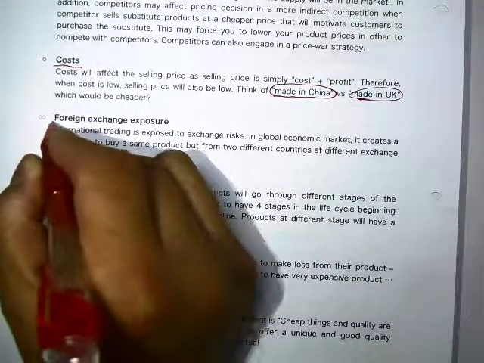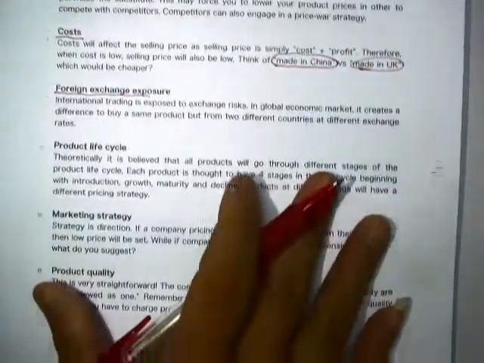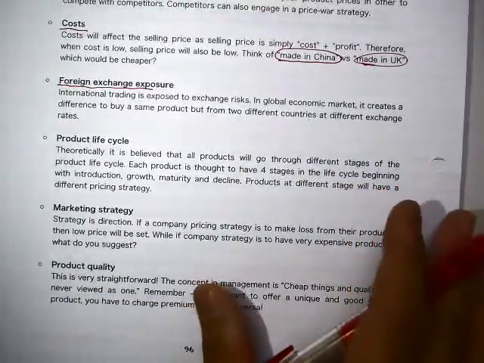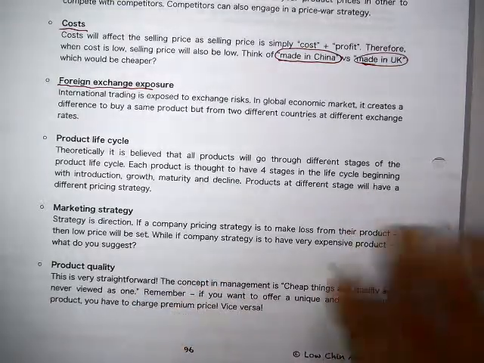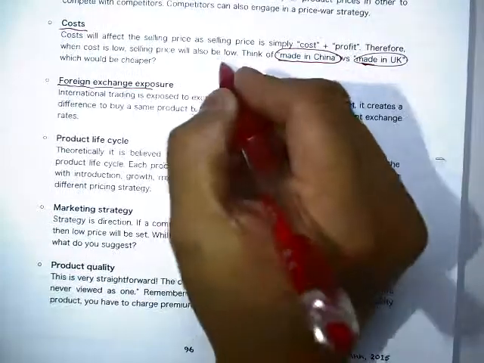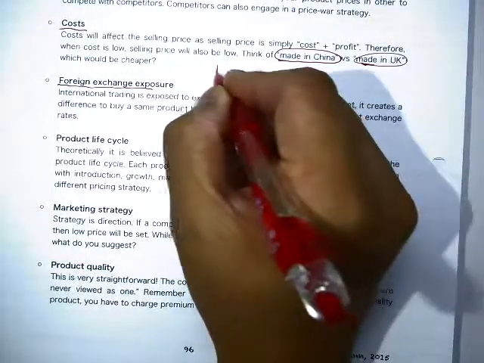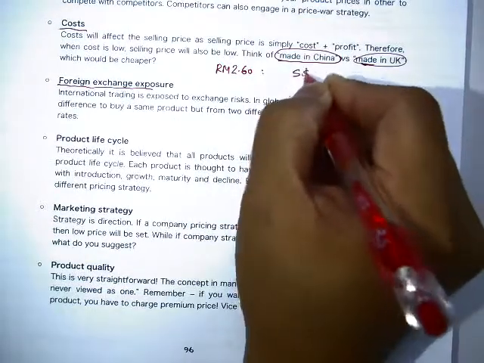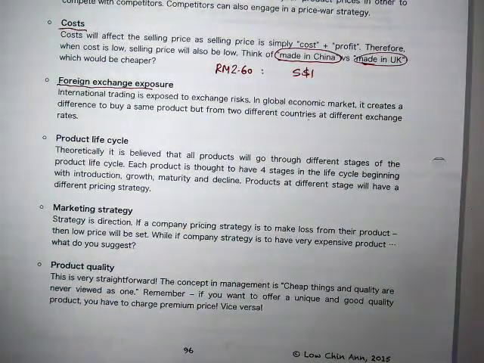Now we also think that foreign exchange exposure affects your pricing. Now how does forex affect pricing? This goes back to economics, but the effect is very easy to understand. Now let's say my exchange rate is 2 ringgit 60 cent to 1 Sing dollar. Okay.